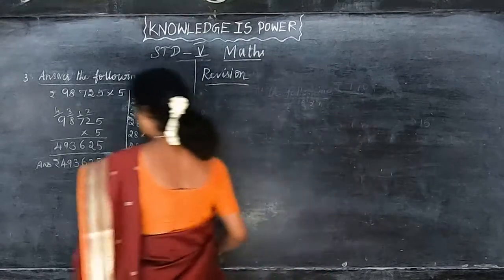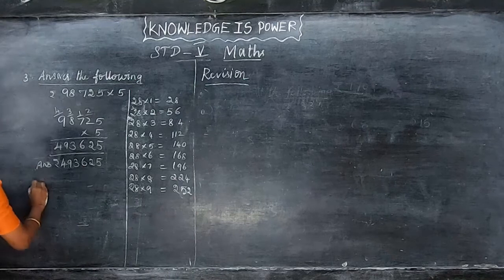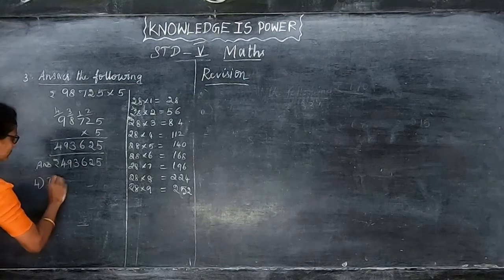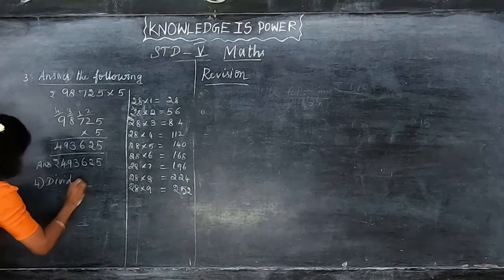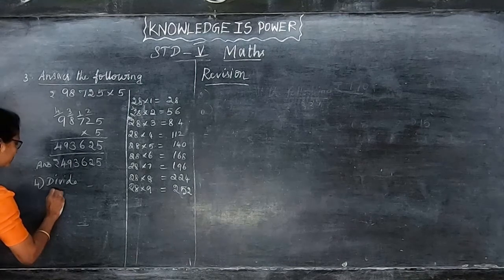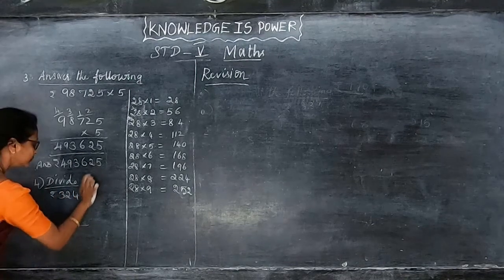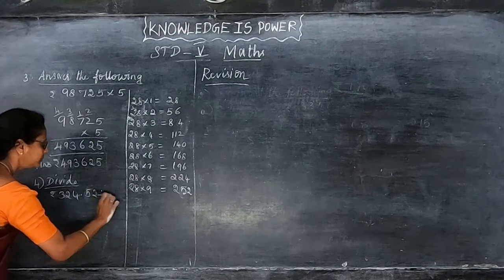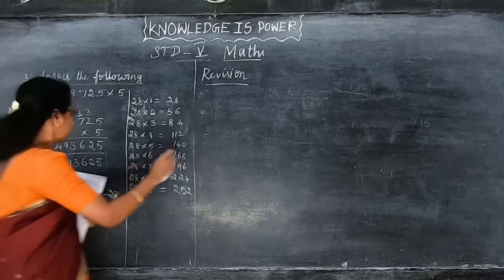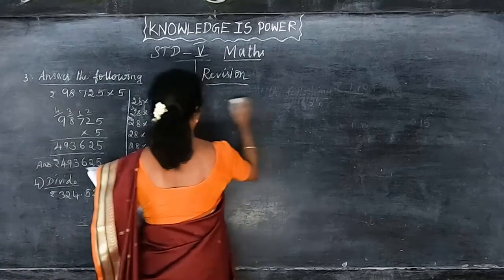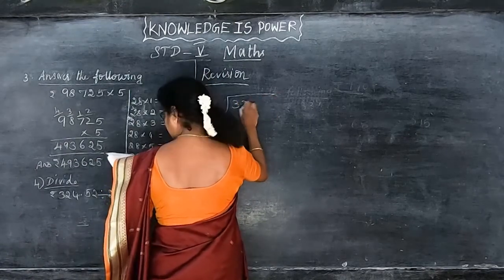So this is the last one. And 2 divided by 28. So here you can divide, because there is no space there, so I am dividing here.